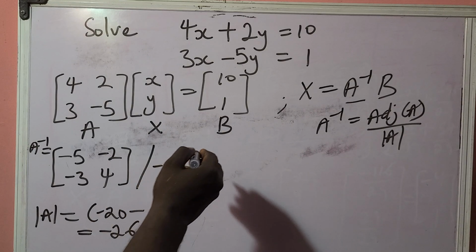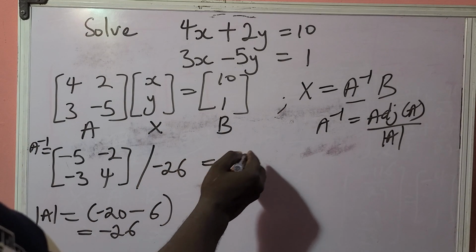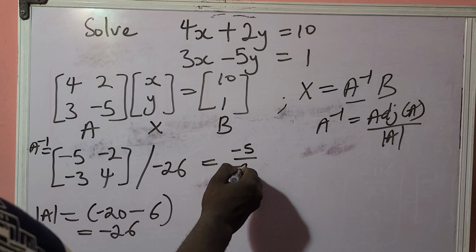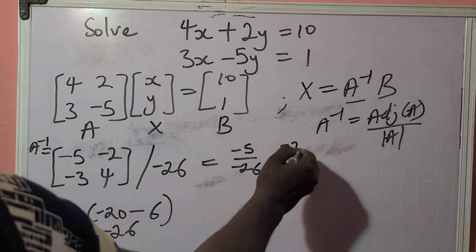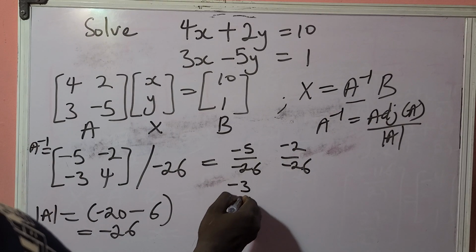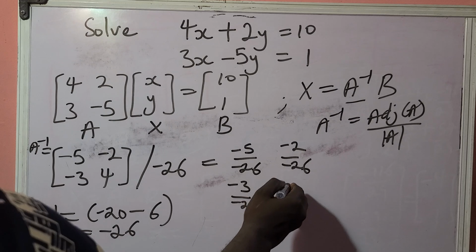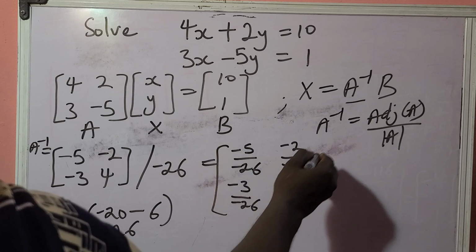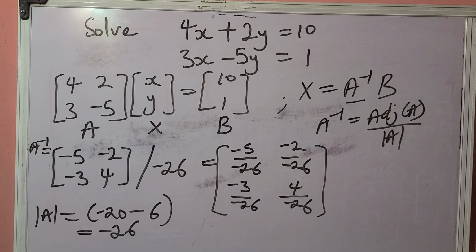So we can go on to say we have our A inverse as minus 5 over minus 26, minus 2 over minus 26, minus 3 over minus 26, and 4 over minus 26. So this is the value for our inverse.